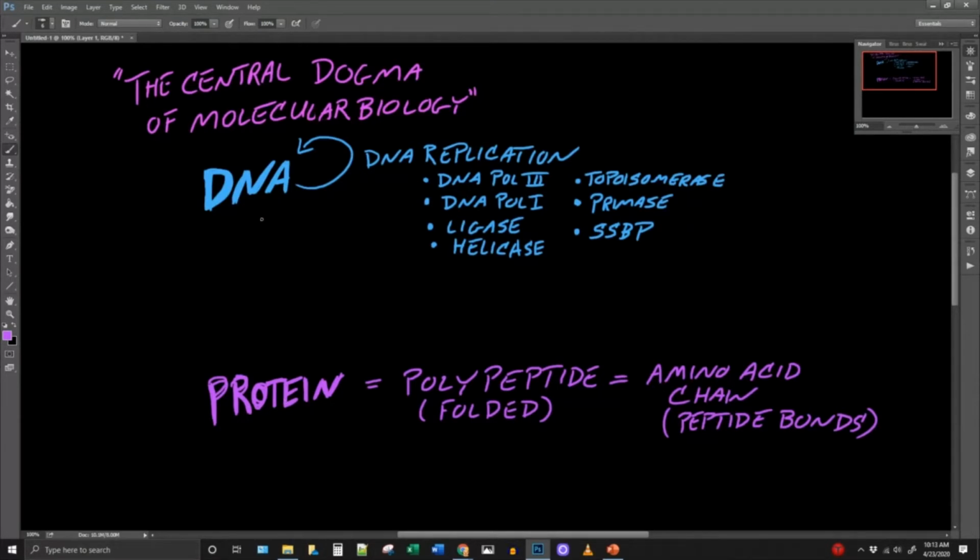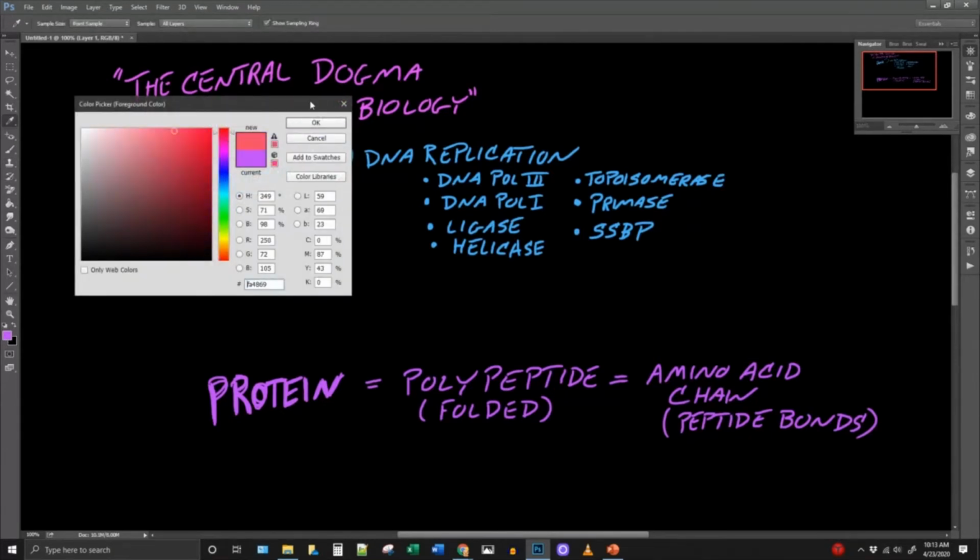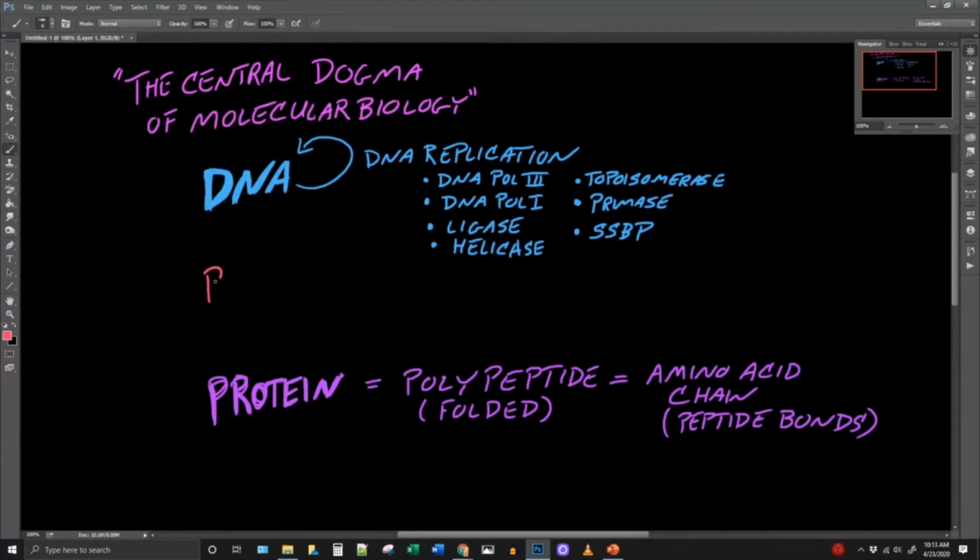DNA is made out of nucleotides, proteins are made out of amino acids, so we need an intermediary. We need a translator. And that translator comes in the form of RNA. Right? RNA is a nucleic acid like DNA, but it's a lot more flexible in its functions. There's lots of different kinds of RNA that we've talked about.